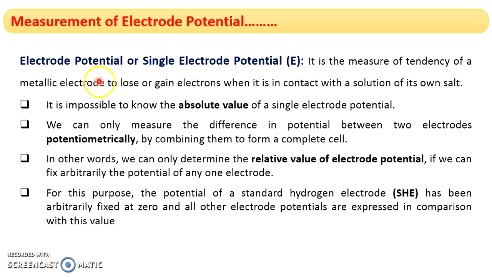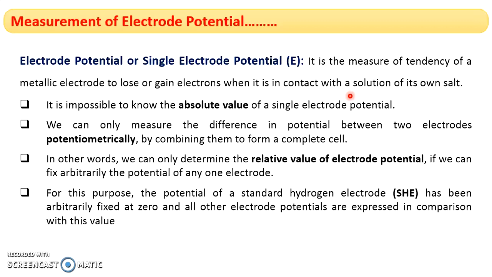Electrode potential or single electrode potential is denoted with capital E. It is the measure of the tendency of the metallic electrode to lose or gain electrons when it is in contact with its own salt solution. When a metallic electrode is dipped in its own salt solution, it may lose electrons or it may gain electrons.